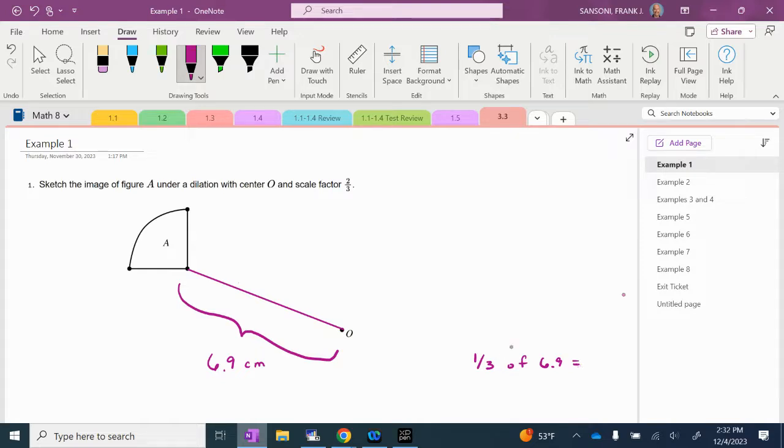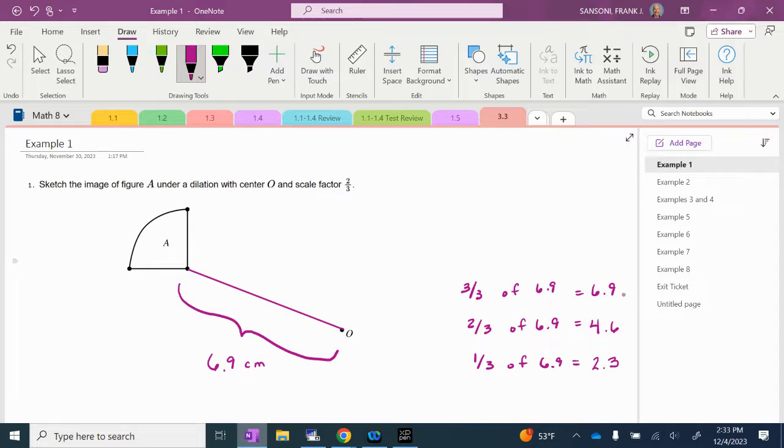So if 1/3 of 6.9 is 2.3, then what's 2/3 of 6.9? Just double it. 4.6, right? And then we already had the whole thing, which is the same thing as 3/3. So 3/3 of 6.9 is 6.9, right?